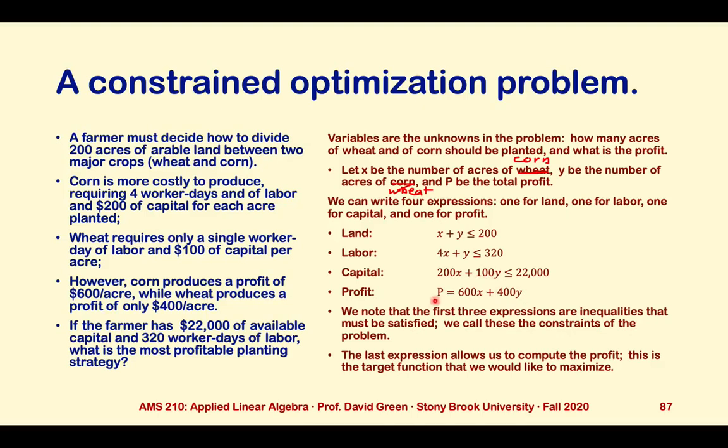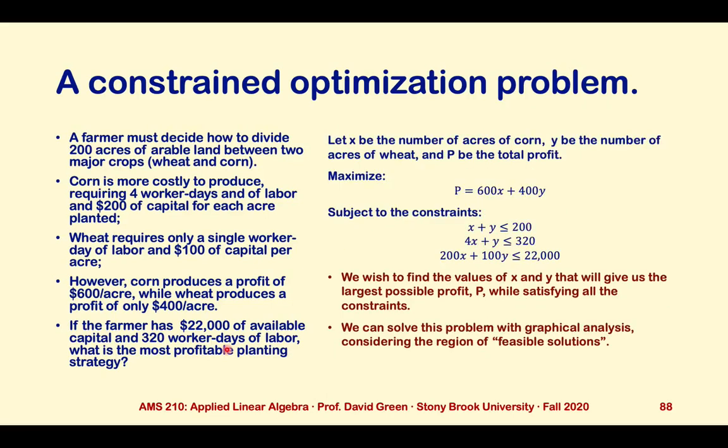Important to note that the first 3 expressions are inequalities that have to be satisfied. These are what we call the constraints. The last expression is the profit. This is what we call a target function. We would like to maximize this, make it as large as possible.